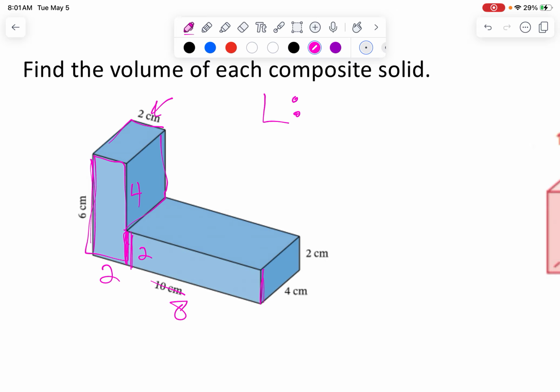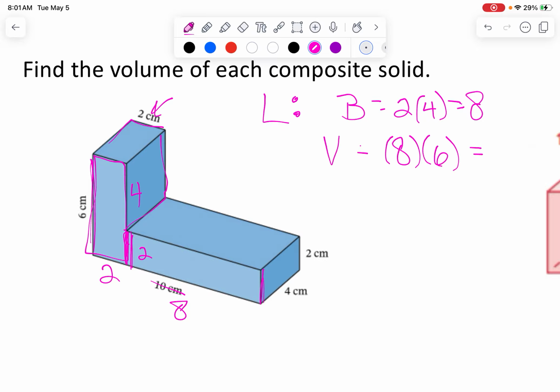Okay, that's a prism with a base of 2 by 4, and then the height is 6. So the volume is going to be 8 times 6, or 48. Okay, so that's that piece.